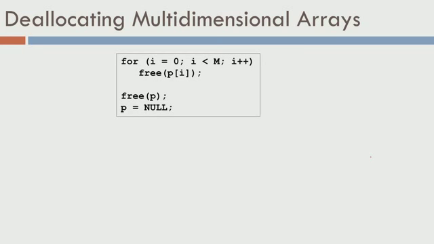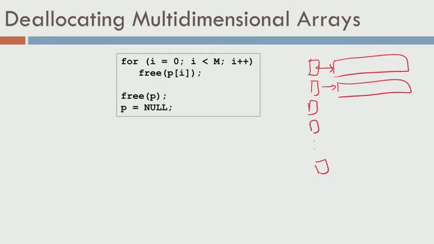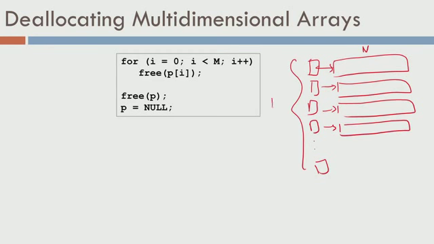So, let us look at how to deallocate multidimensional arrays. So, right now you have, let us say 10 pointers pointing to one row each, and each row is of size n elements. So, you have m of these and you have n of those.